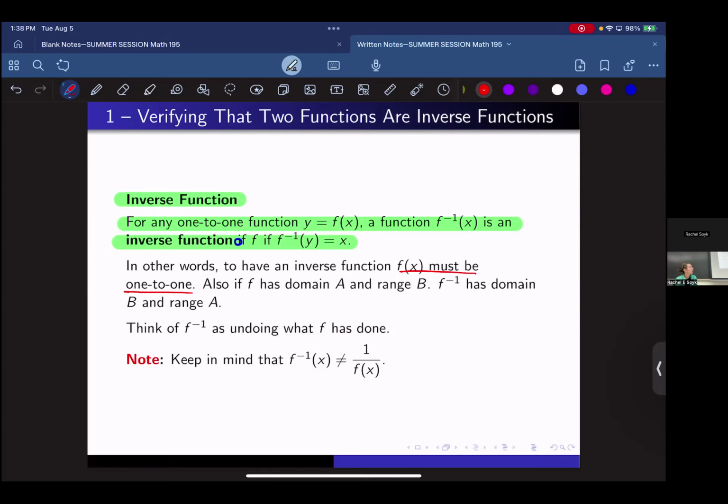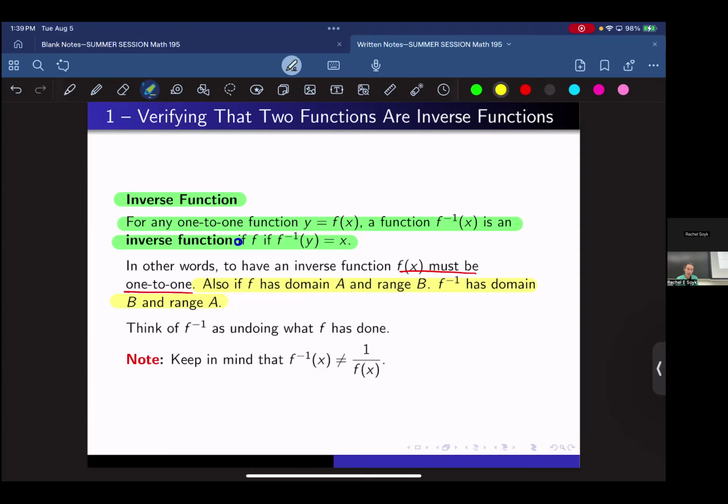And then we have some fun facts dealing with domain and range. So if f has a domain A and a range B, then when we're looking at its inverse, it's the opposite. The inverse has a domain B and a range A. Anytime you're dealing with inverses, think about reverse engineering.